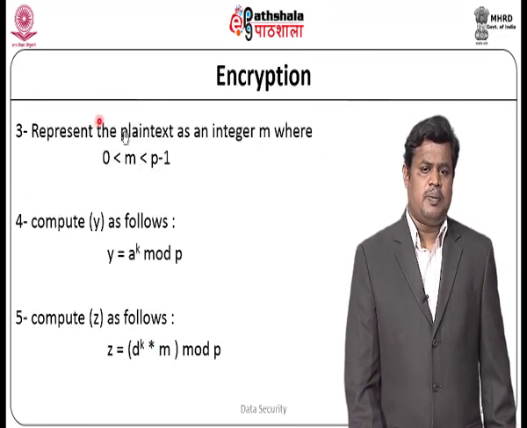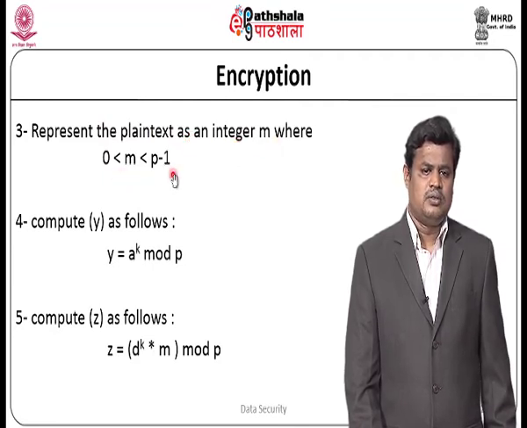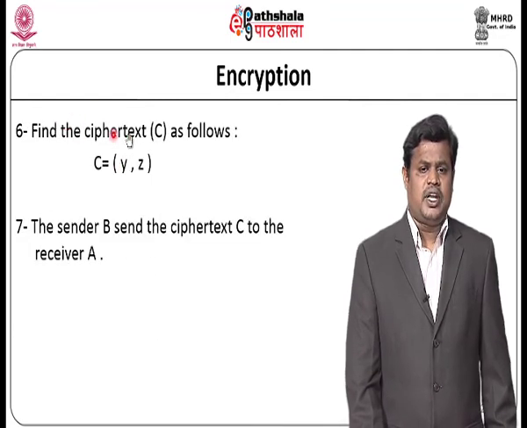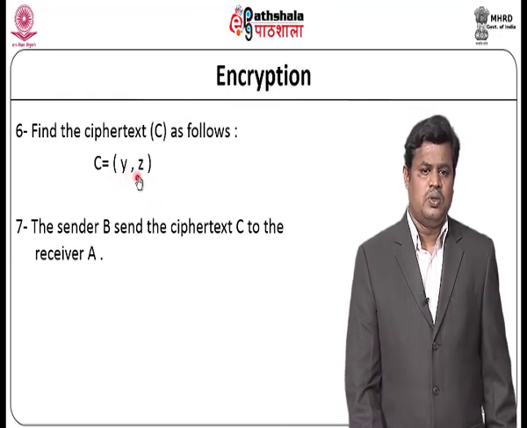Represent the plain text as an integer m, whose value is between 0 and p minus 1. Now we have to compute the following, where y is equal to a power k mod p and z is equal to d power k into m mod p. So the cipher text is c is equal to y comma z. Now we got the cipher text c1 and c2, that is equal to y comma z.